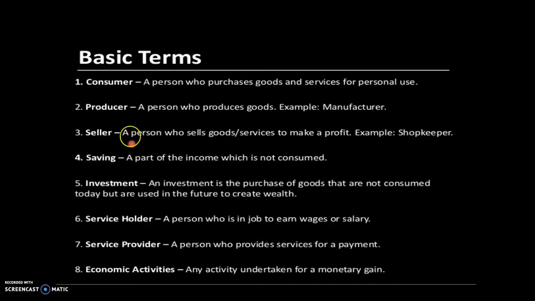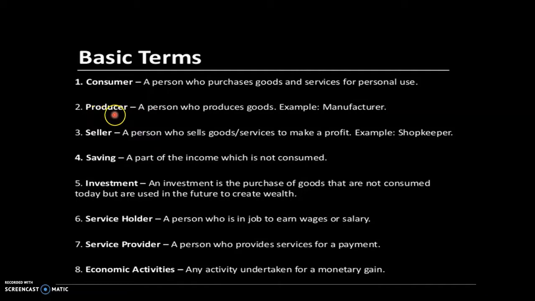Then next one, basic terms. This is the first topic. First one, consumer. What do you mean by a consumer? A person who purchases goods and services for personal use is known as a consumer.